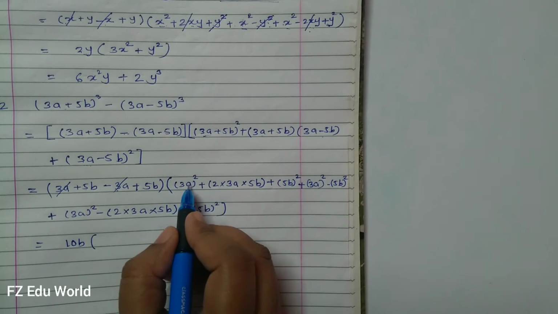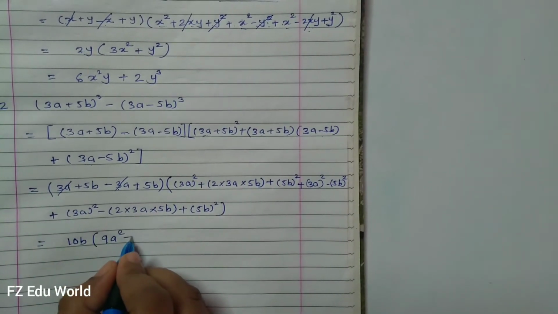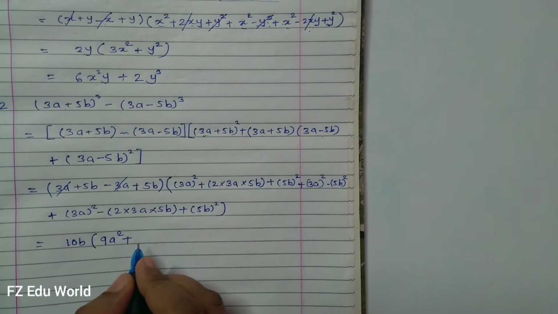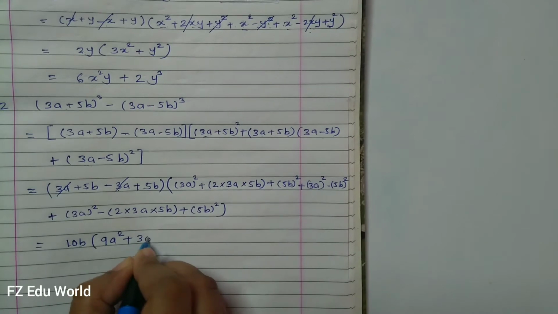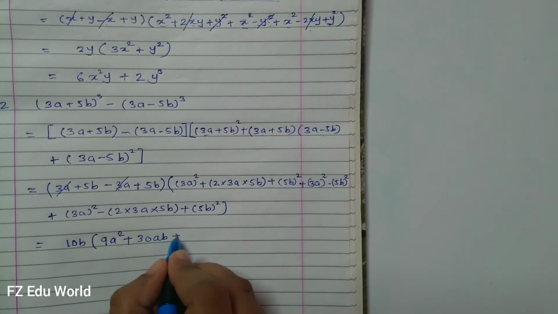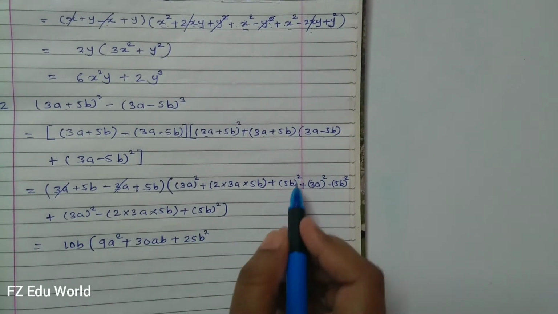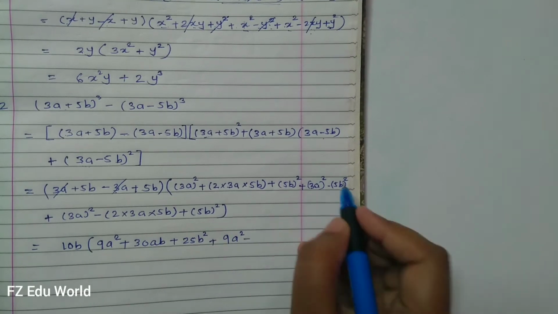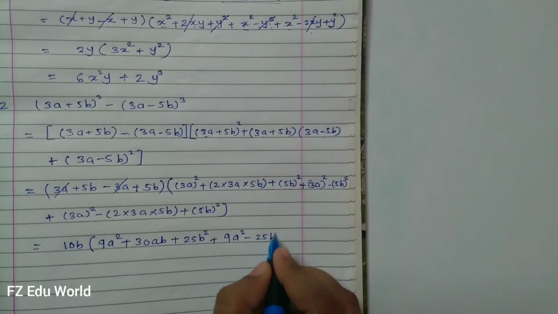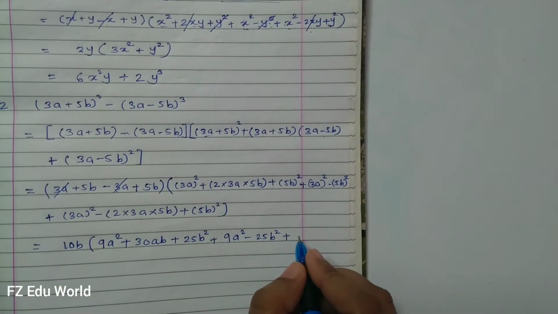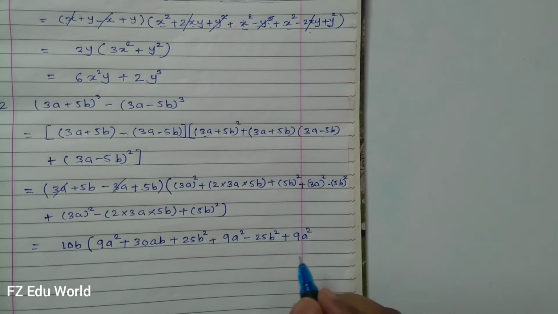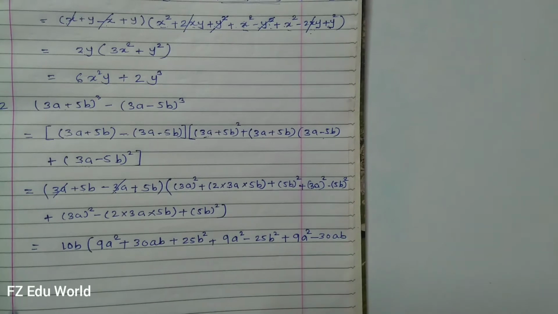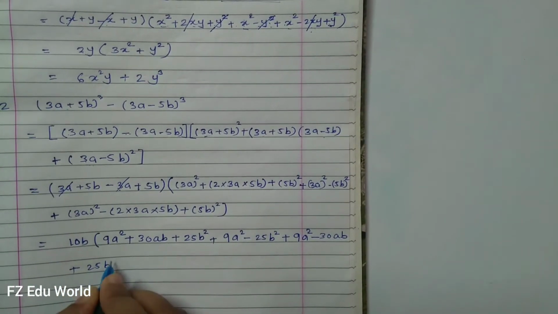Now into the bracket 3 square, that is 9a square, plus 2 into 3 into 5, 2 3s are 6, 6 5s are 30, a into b, that is 30ab, plus 5 square, that is 25b square, plus 3 square 9a square, minus 5 square, that is 25b square, plus 3 square, that is 9a square, minus 2 3s are 6, 6 5s are 30, 30ab, plus 5 square, that is 25 b square.